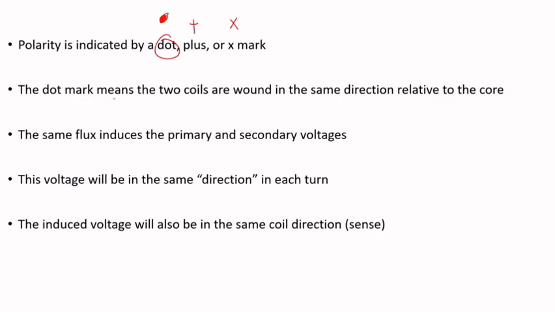So the dot mark means two coils are wound in the same direction relative to the core. And what do I mean? If you take, for instance, this as the mandrel that they use, then you have the shaft, and the machine will be spinning the mandrel.